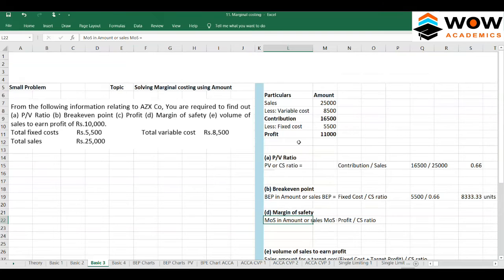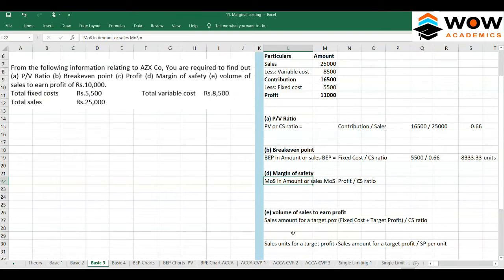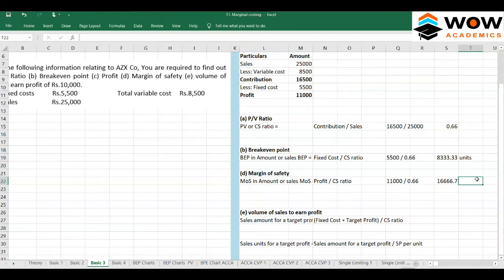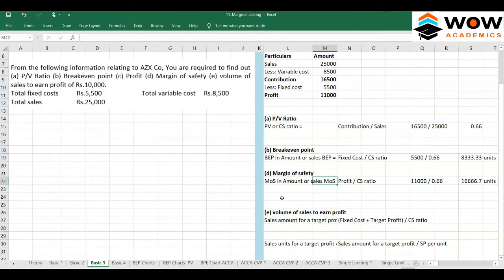MOS is profit divided by CS ratio. Profit is 11,000. So we got our MOS sales. This is called either MOS in amount or sales MOS. Either way they can ask.